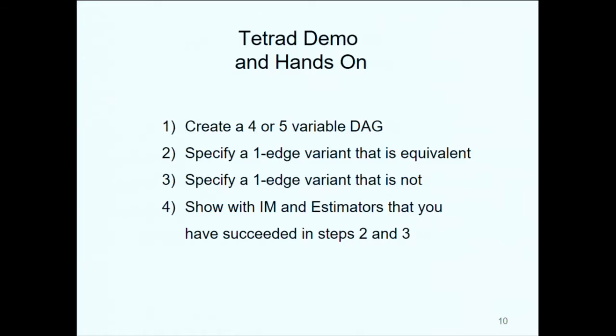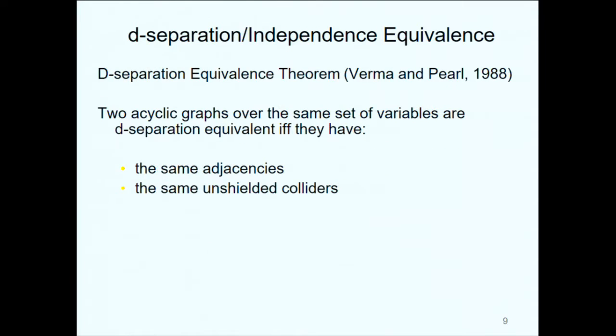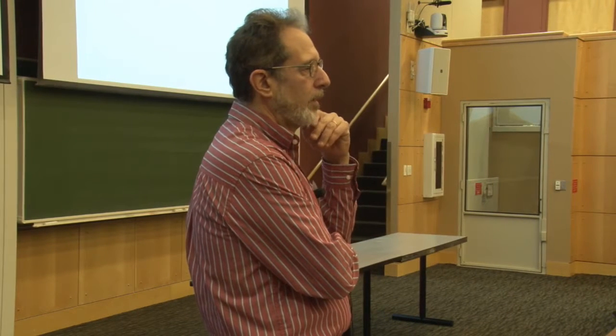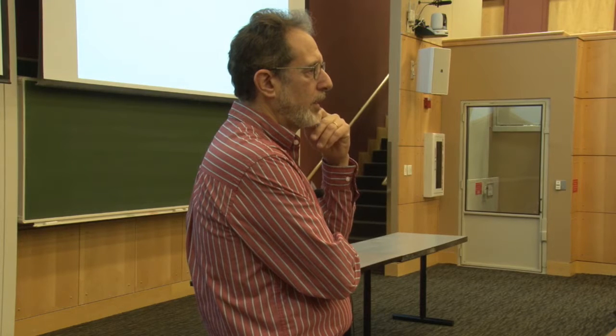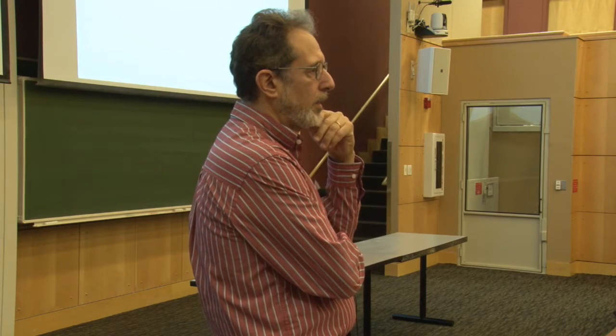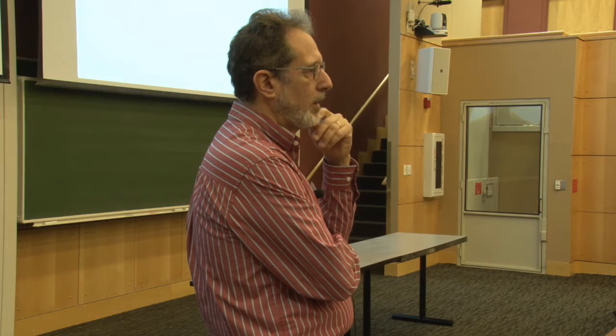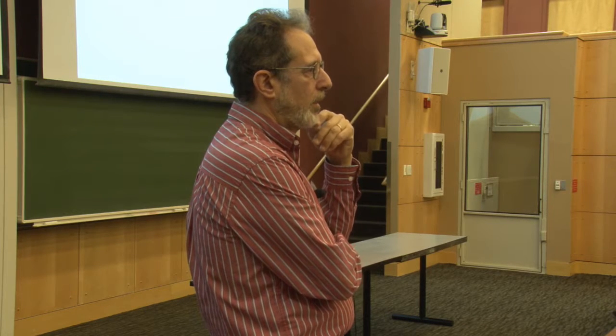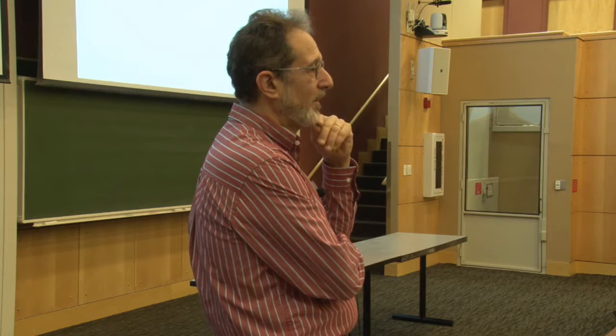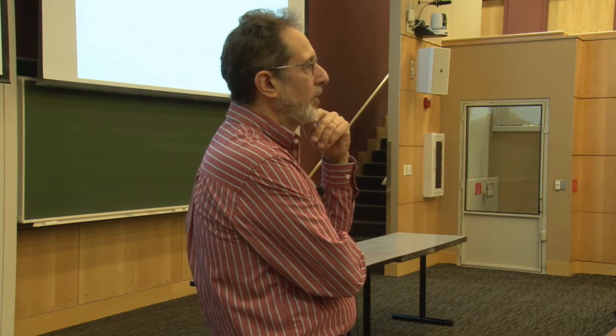Okay, so now I'm going to go, yes? So for example, in two graphs over the same variables in which every arrow is just reversed, they would be d-separation equivalent? Oh, sorry, the colliders. I don't think necessarily that's true. Colliders would make that false. In some cases they would be equivalent, in some cases they would not.